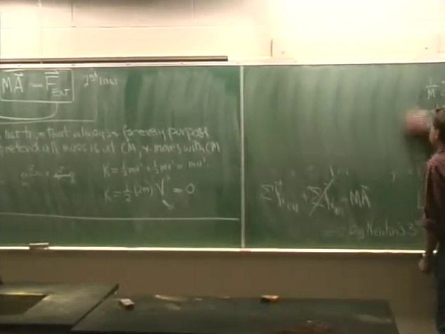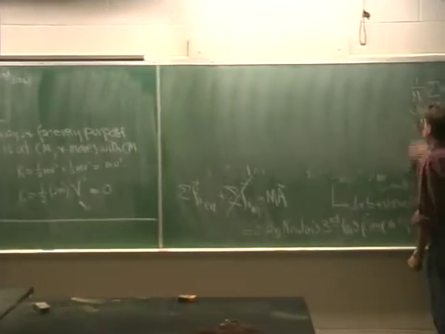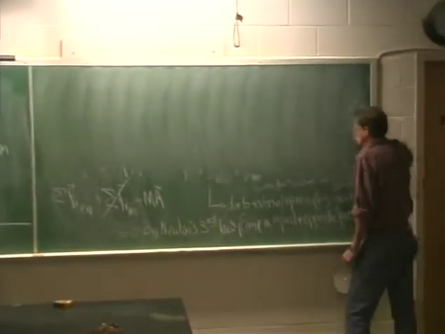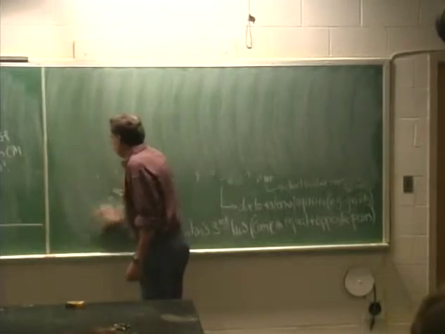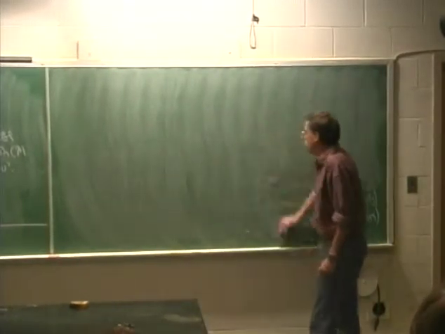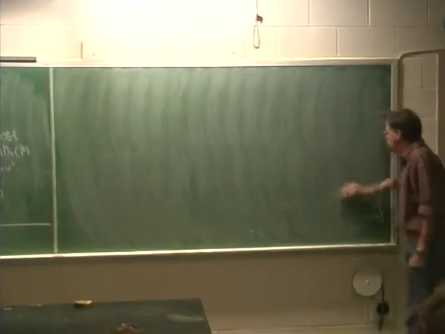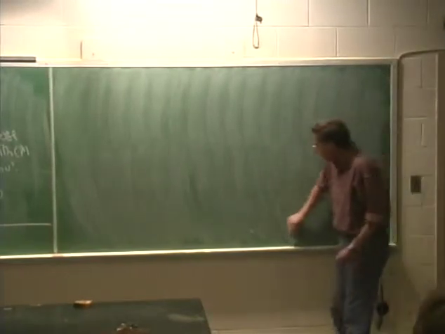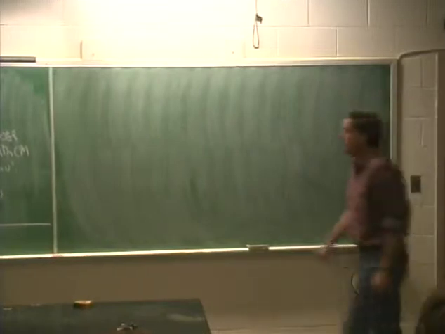There are a large class of problems that are based now on what I call Newton's second law for a collection of objects, which is what I've written up there. The mass times the acceleration of the center of mass is equal to the sum of the external forces acting.